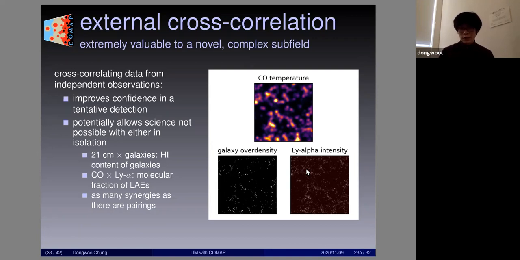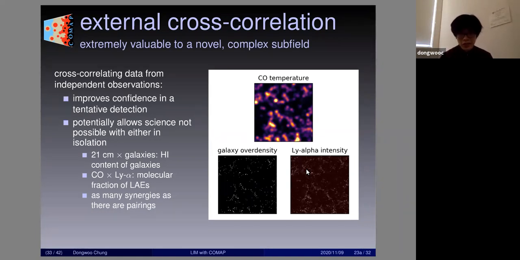If there's a positive correlation between those two, we can say that this CO temperature field really is tracing the galaxies at this redshift as cataloged by this survey. So it improves confidence in a detection that might otherwise be merely tentative.